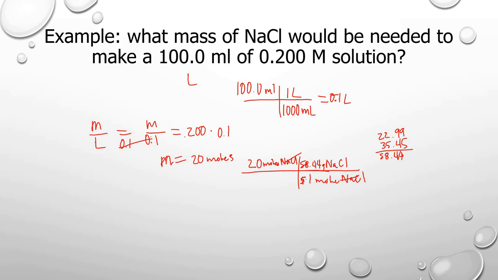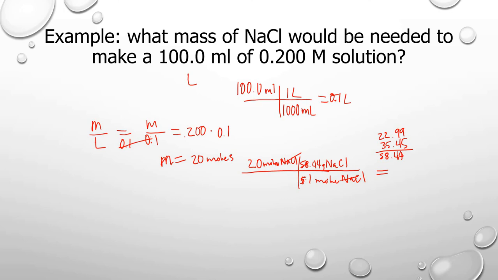I can't do that one in my head, sorry. 2 times. Oh, is it 20? I think it was 0.02, not 20. Because when you multiply 0.200 by 0.1, you get 0.02. Well, because it's 0.2 up there.